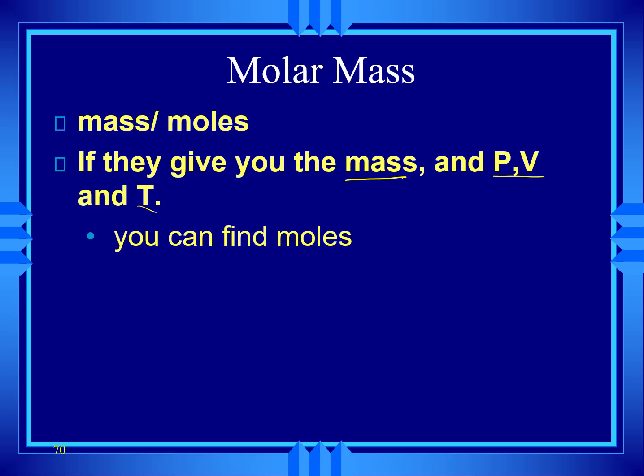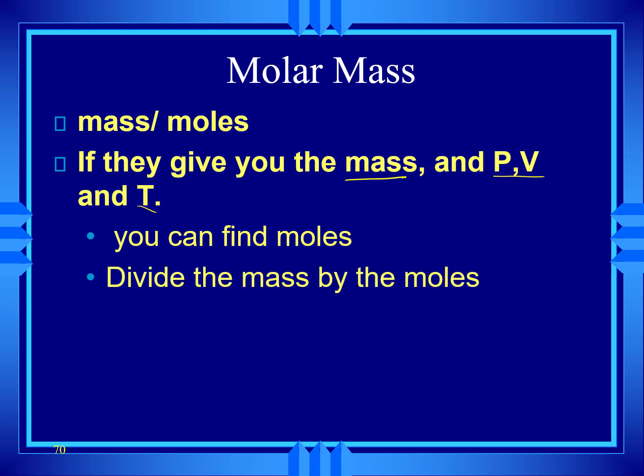Then you can take the mass and divide it by the moles. So we're just going to do a PV = nRT problem and solve for n, and then take that number of moles and change that to molar mass by dividing grams by those moles.